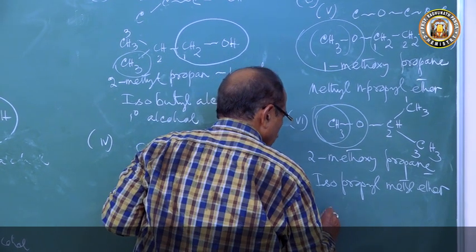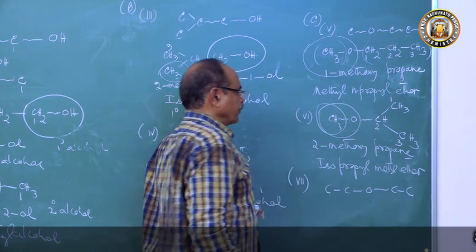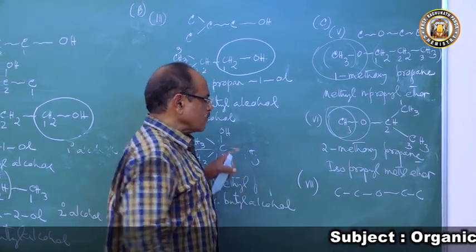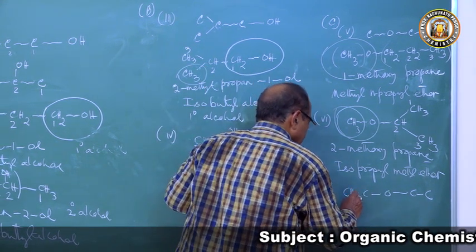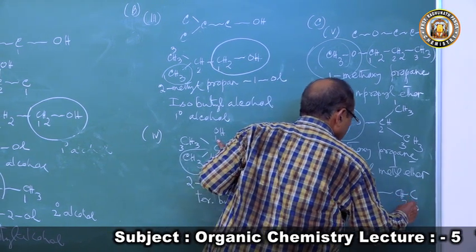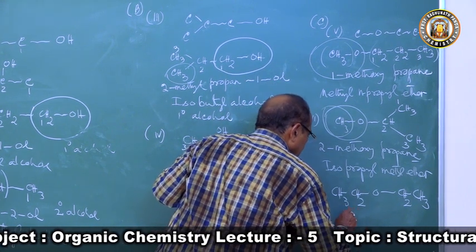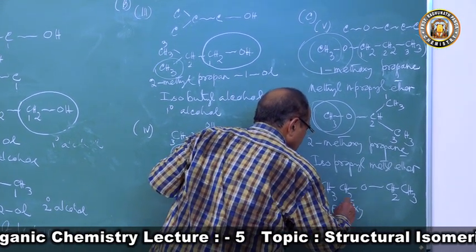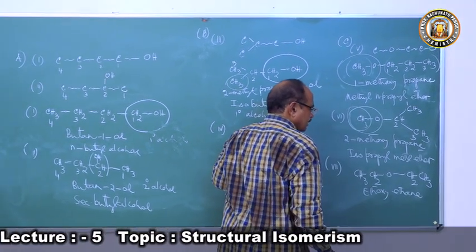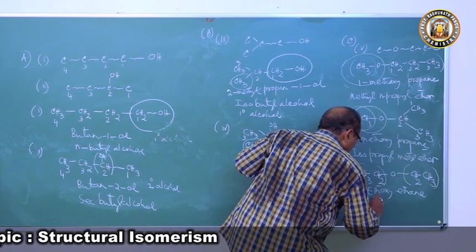Now we will come to the next structure. We can have 2 carbon atoms on one side and 2 carbon atoms on the other side. So this is CH3, CH2, O, CH2, CH3. This is ethoxyethane, the alkoxyalkane name, and its common name is diethyl ether.